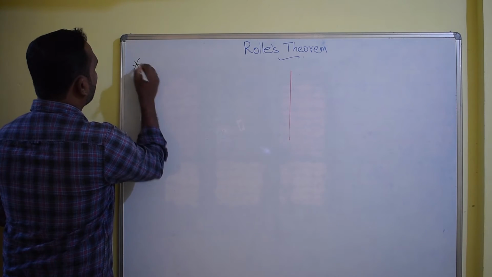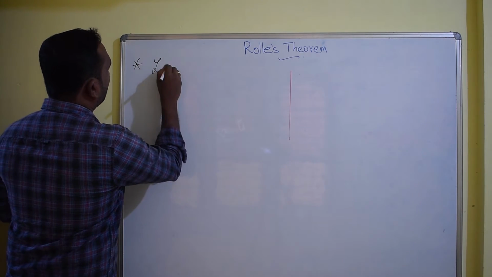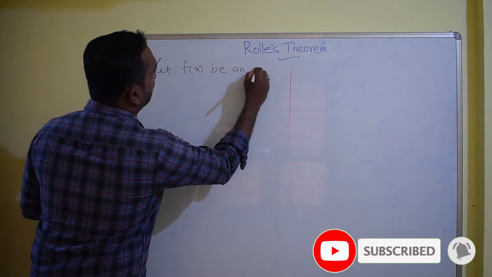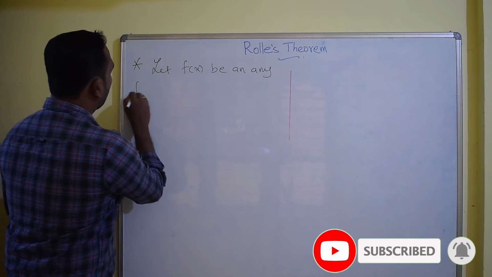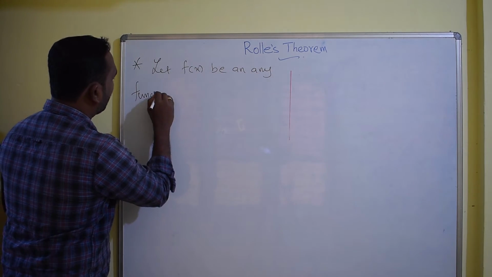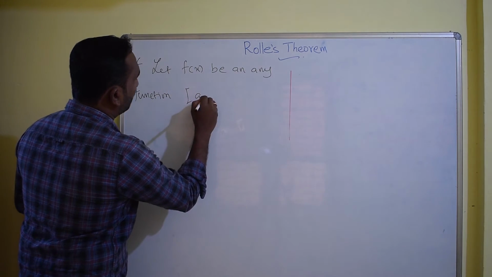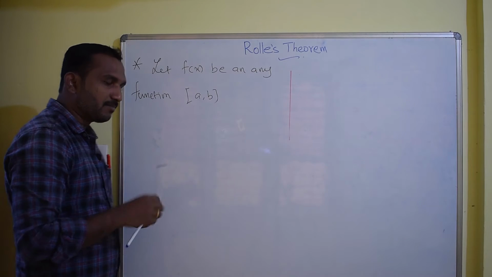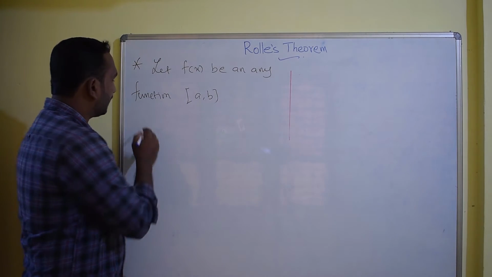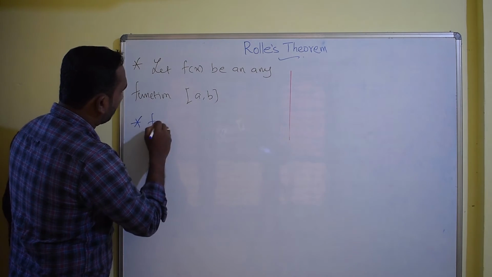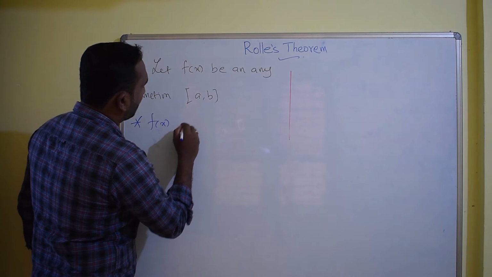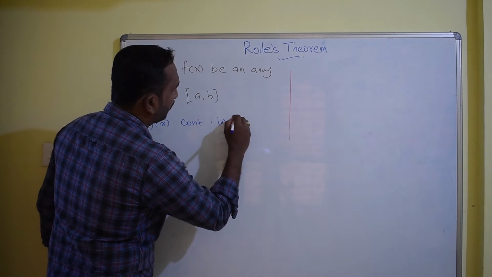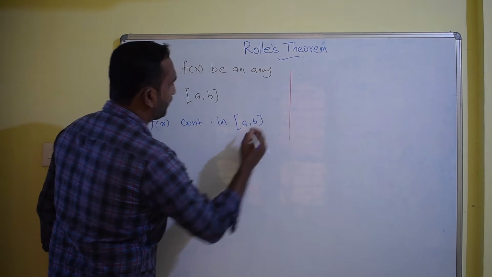Let f of x be any function in the closed interval a comma b, and it must satisfy the following conditions. The first one, f of x should be continuous in the closed interval a comma b.